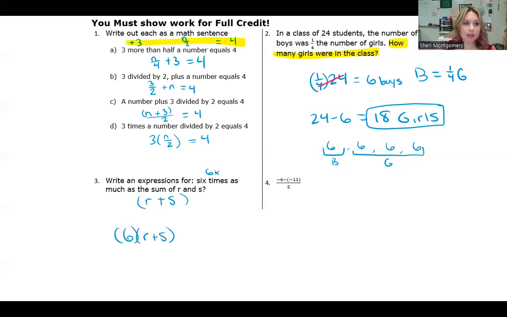The next one. So we have -6 minus -11. What is minus negative? Plus. So we get 11 minus 6. What's 11 minus 6? 5.